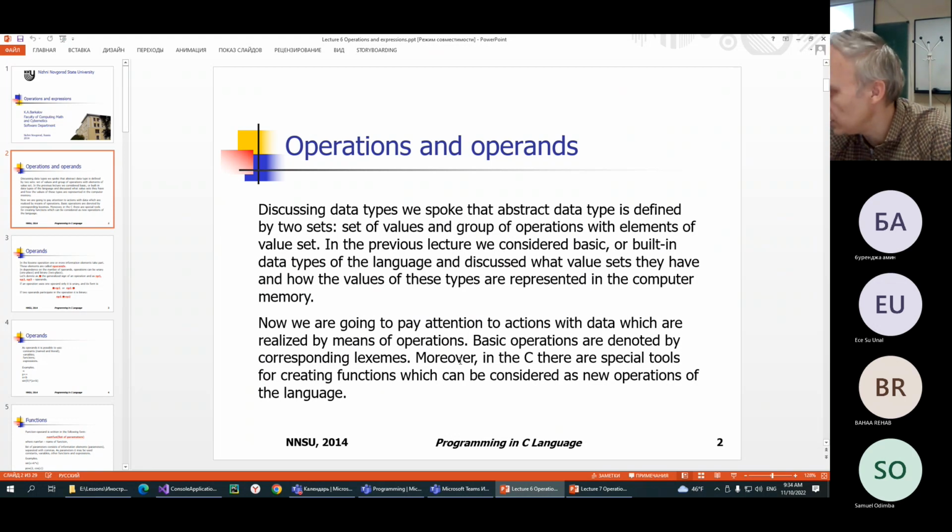If we consider integer numbers, we can apply addition, multiplication, and subtraction. If we discuss real numbers, we can apply all the mathematical operations: addition, subtraction, multiplication, and division.